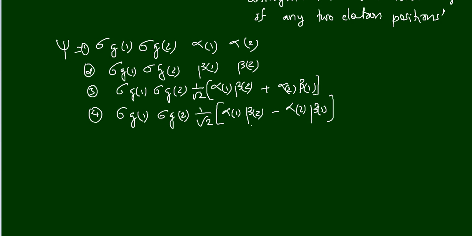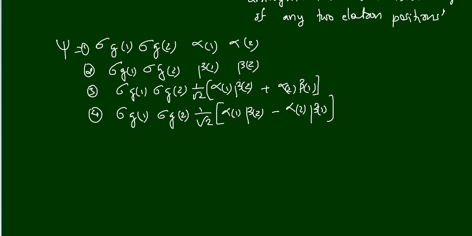So there are four possibilities like that, and in these two cases, even if you take the square after the electron exchange, the value of the square is not going to change. When you take the square of the function before exchange, it will be alpha 1 square beta 2 square plus alpha 2 square beta 1 square, then 2 alpha 1 beta 2 alpha 2 beta 1.